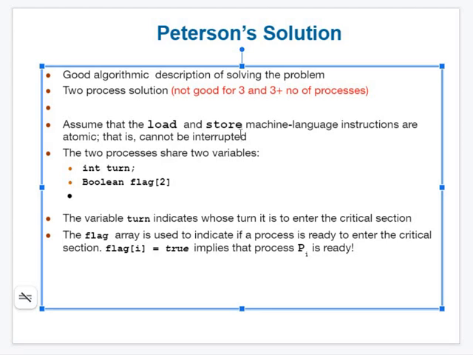I repeat, if P0 is executing, P1 should wait. If P1 is executing, P0 should wait, because they are mutually exclusive. Both cannot happen at a time. Both P0 and P1 should not execute.